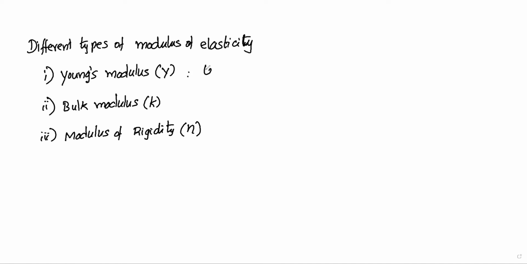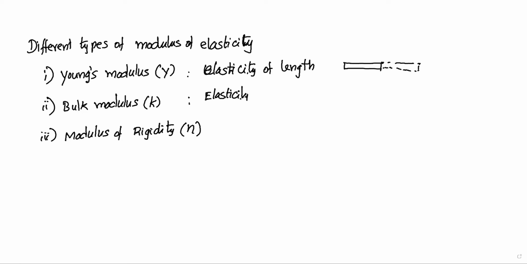What is Young's modulus? Elasticity of length, which means take a rubber sheet, you apply the force, it will expand lengthwise. That we can call Young's modulus. Bulk modulus: the modulus of elasticity of volume.